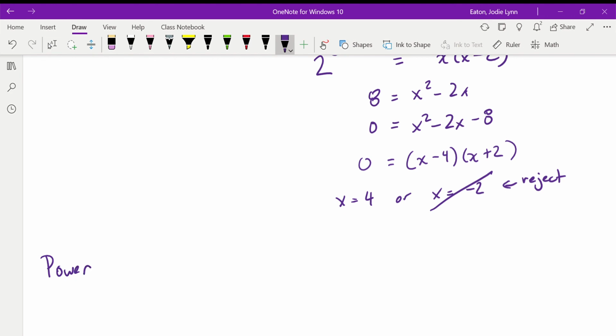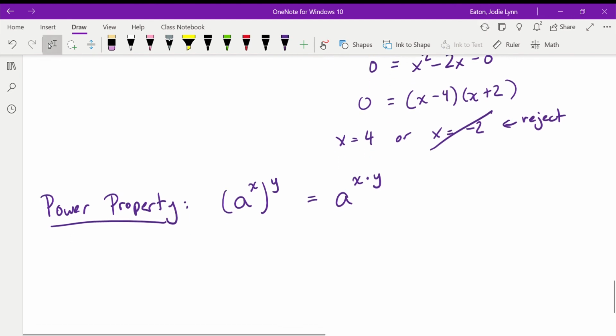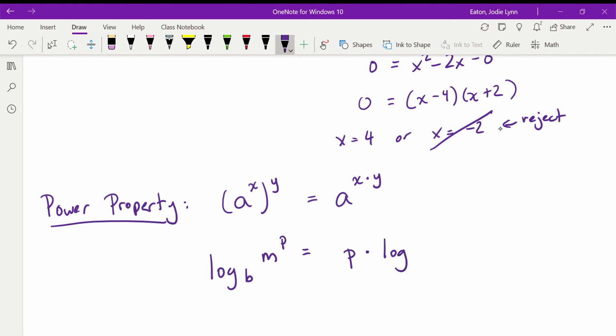So the power property is probably the most frequently used. The exponent property this relates to is that a to the power of x to the y equals a to the x times y. So the power property for logarithms says that log base b of m to the p, some number to the p power, is equal to p times log base b of m.